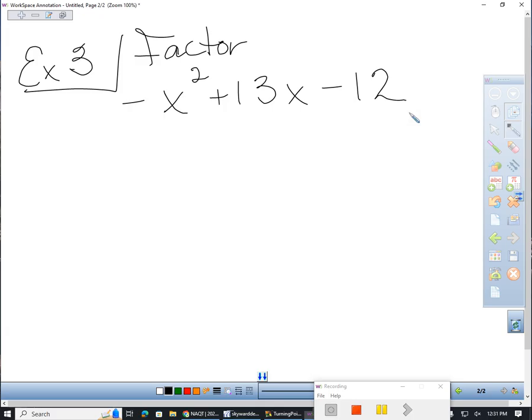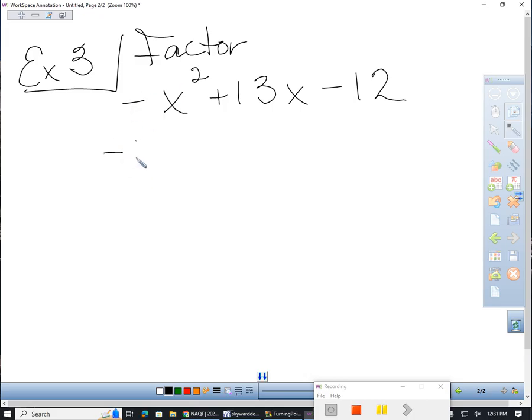First step, we take out the greatest common factor. In this case, a negative 1. You want this term, if at all possible, to be 1, right? We can, just a minute. So we're going to take out a negative 1 because we want this first term to be positive 1.